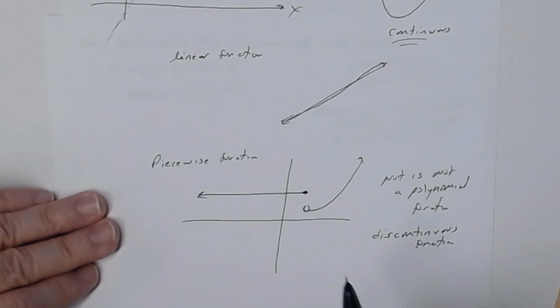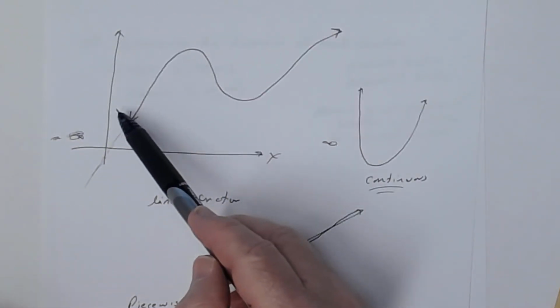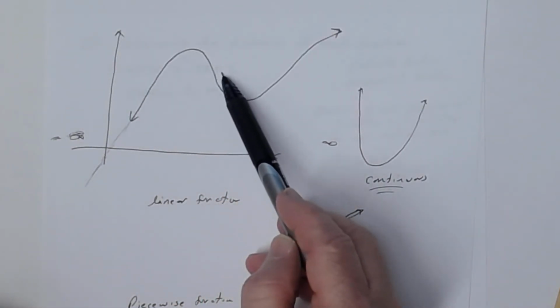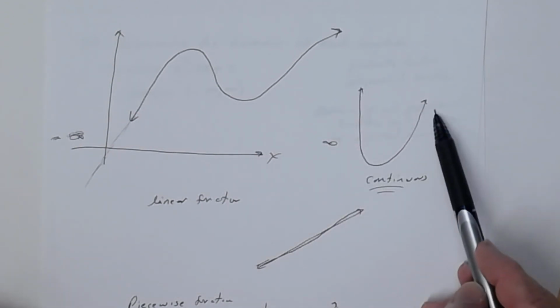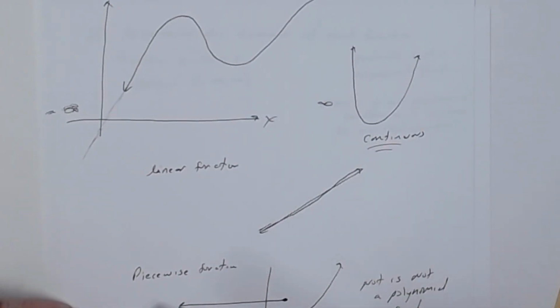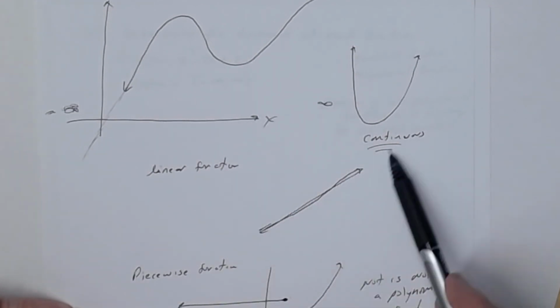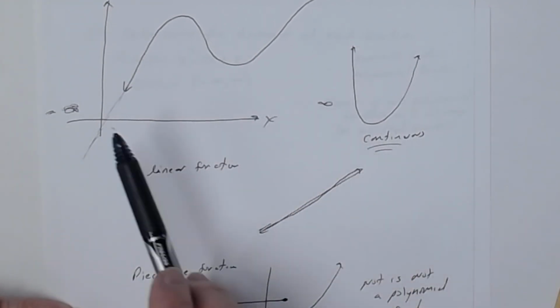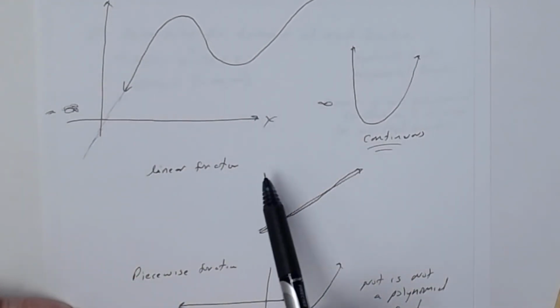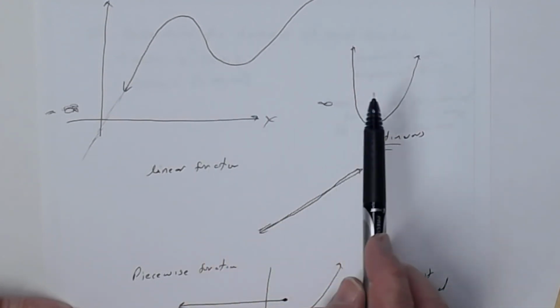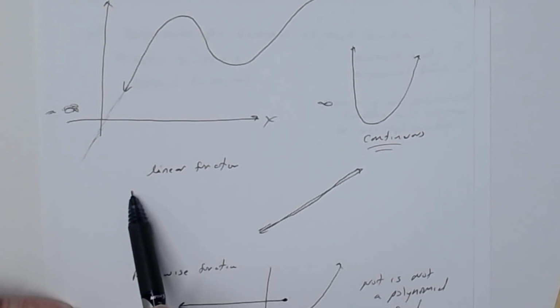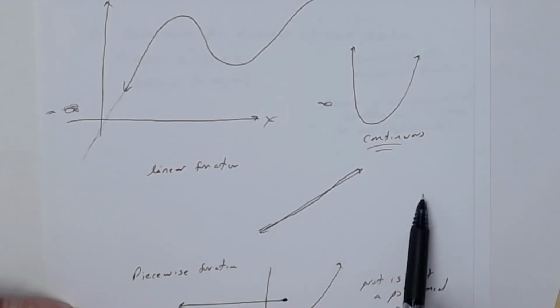Okay? So a polynomial function is a continuous function that looks like this. You have this quadratic function, you have this linear function, all those are continuous functions. And when you talk about the domain of these polynomial functions, the domain is going to be from negative infinity to positive infinity.